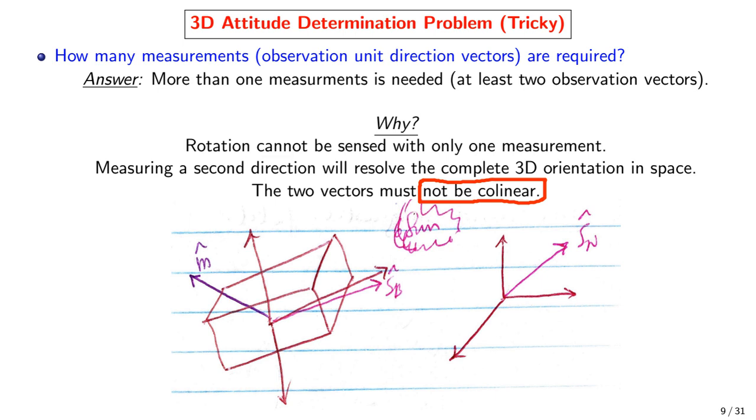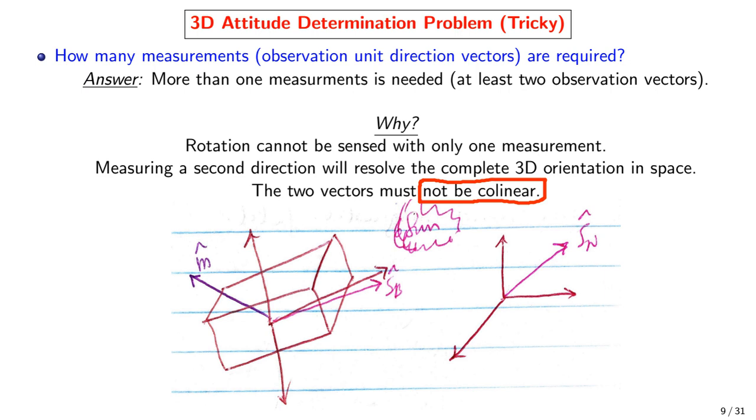Suppose this is pointing now to the sun, and we're measuring that SB, that's the sun, with respect to this body. And then we also have another sensor to take another measurement in another direction. Suppose that is taking the magnetic field, which is this M, and we have put on this a sensor to measure the magnetic field.